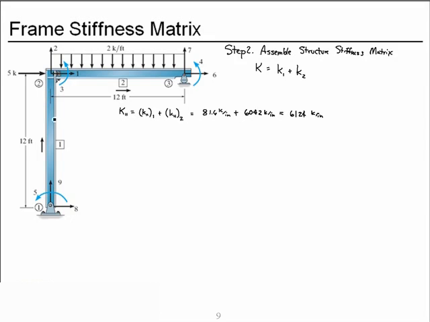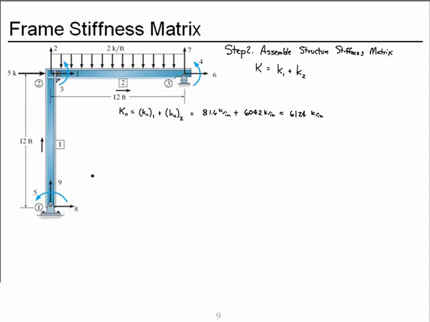Now as we look at this frame, note that we'll get contribution from multiple members only if multiple members share those degrees of freedom. So in the case of 1, both members meet at degree of freedom 1, and so both contribute. K16 will get contribution only from member 2, because only member 2 connects both of those degrees of freedom.